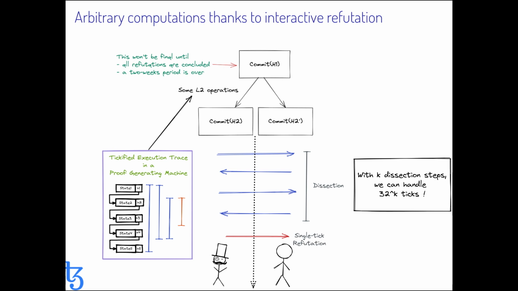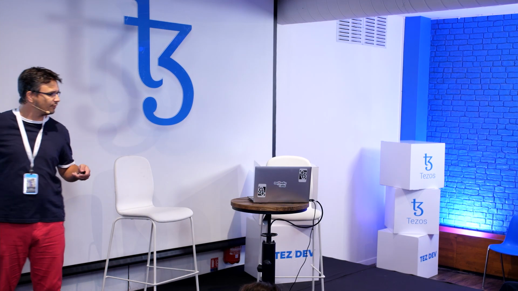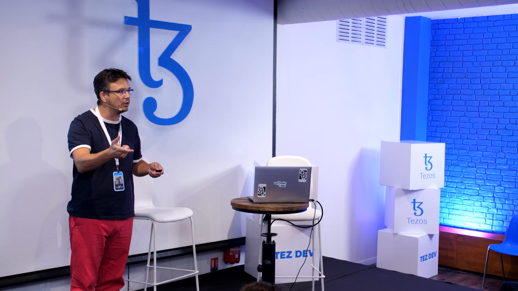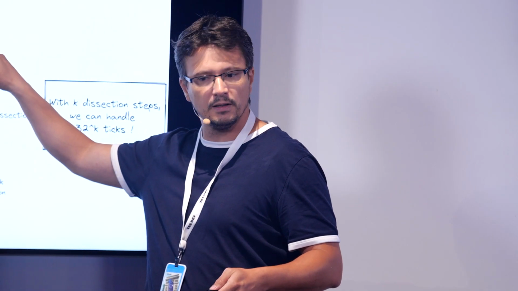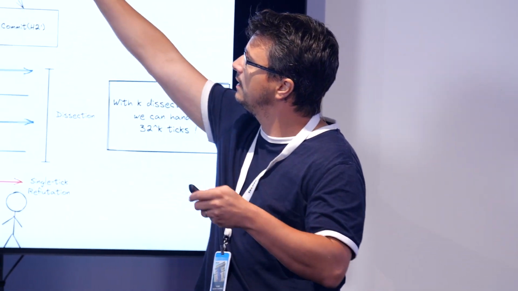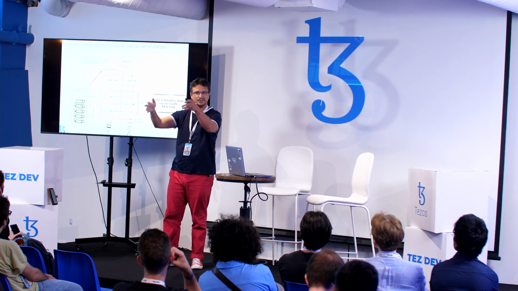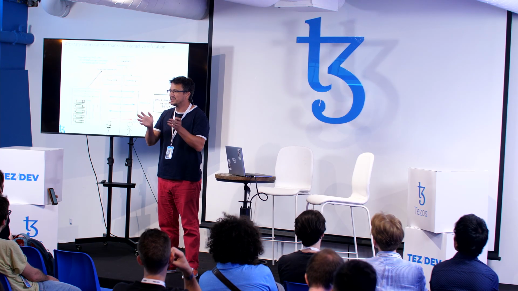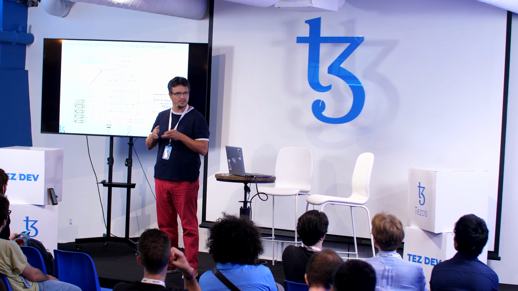First of all, in our design, there is not a difference between committing some claim about the state and refuting this claim. Actually, if you want to refute a claim that H2 is a valid hash for the state of the rollup, what you do is to also commit, but with a different hash. Okay? And then it means that there is a fork in the tree. There is not a single line and single branch in the commitment.